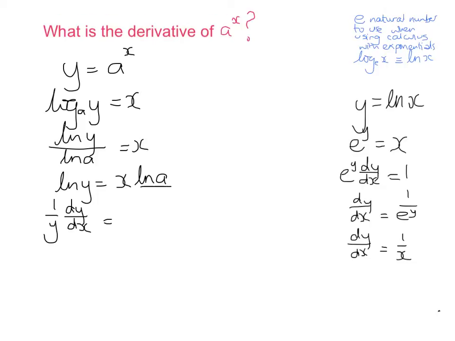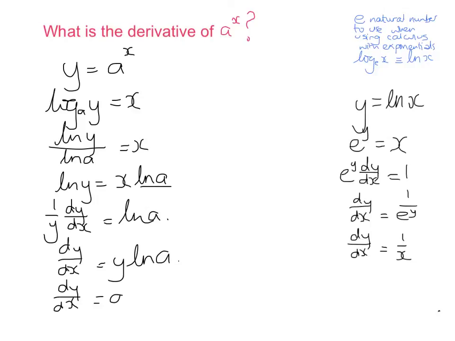And on the right hand side, ln a is just a number, so when we differentiate x ln a, we just get ln a. And then multiply both sides by y, and then replace y with what it actually is, which is a to the x. And there we have our beautiful proof that the derivative of a to the x is a to the x ln a.